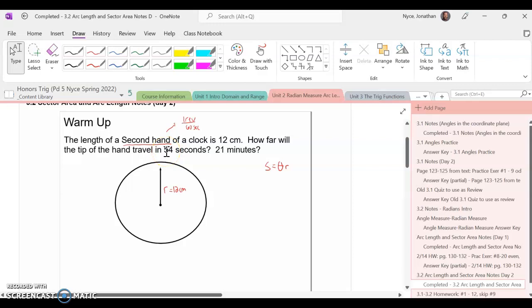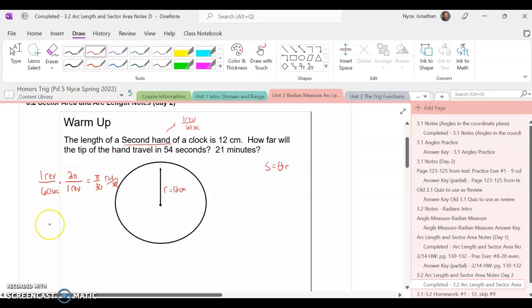A couple of different ways to do that. One way is we know 1 revolution every 60 seconds can be changed into radians because we know 1 revolution is 2 pi radians. That gives us pi over 30 radians per second.